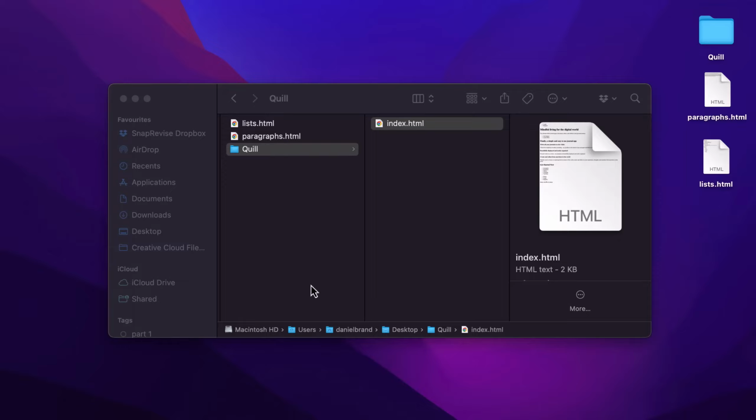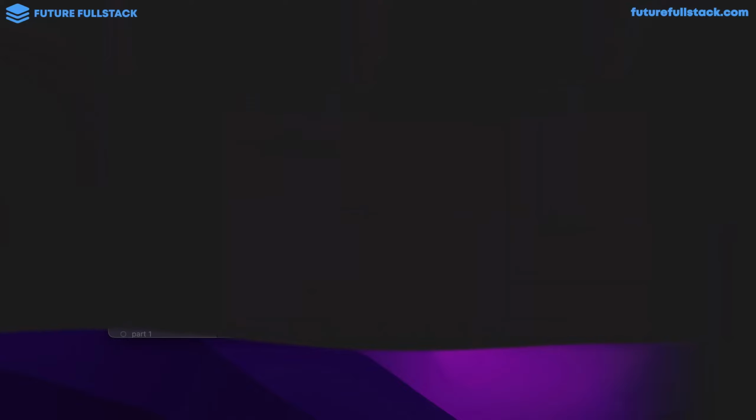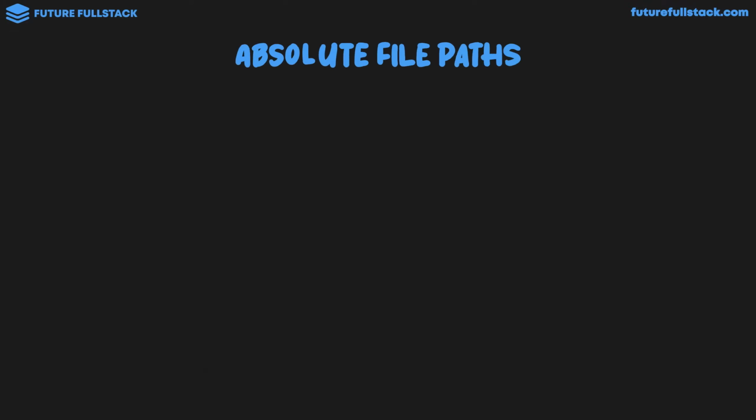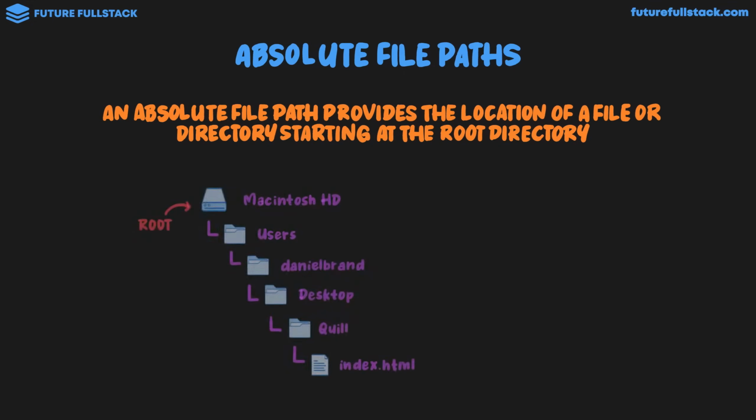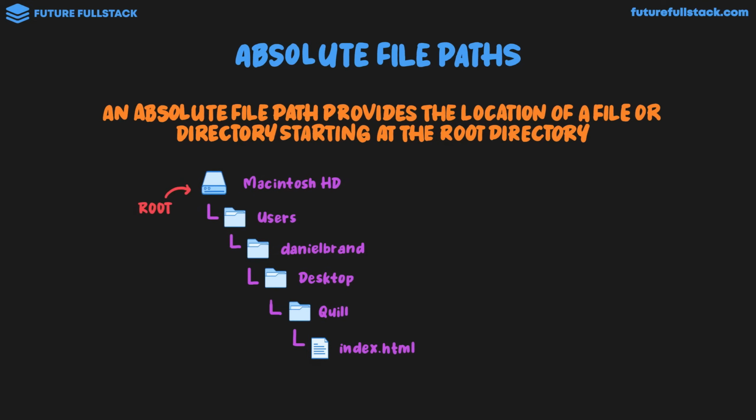We'll now be discussing absolute file paths and relative file paths. Starting off with absolute file paths. An absolute file path provides the location of a file or directory starting at the root directory. We've seen this already, where the root is Macintosh HD, and the file path to get to index.html from the root would look like this.